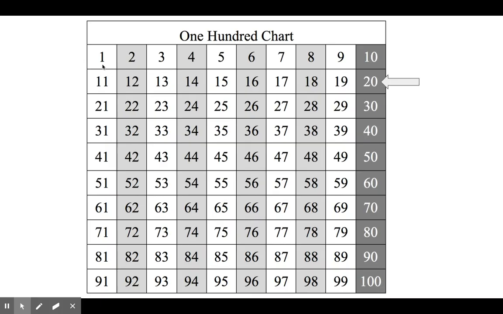Here we go. 1, 2, 3, 4, 5, 6, 7, 8, 9, 1 ten. 1 ten 1, 1 ten 2, 1 ten 3, 1 ten 4, 1 ten 5, 1 ten 6, 1 ten 7, 1 ten 8, 1 ten 9, 2 tens.